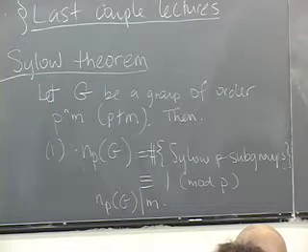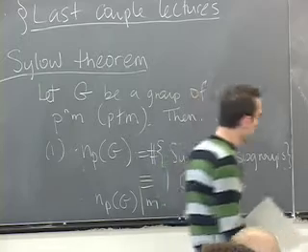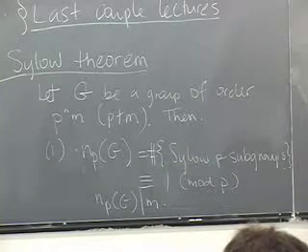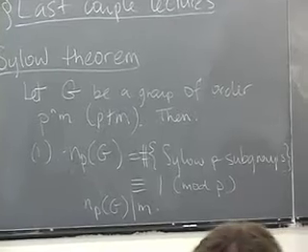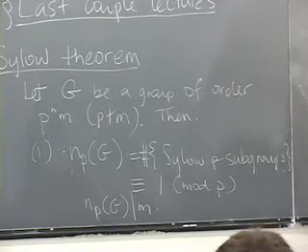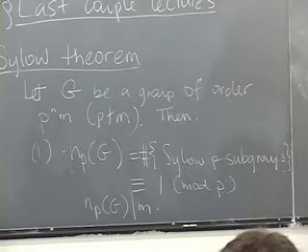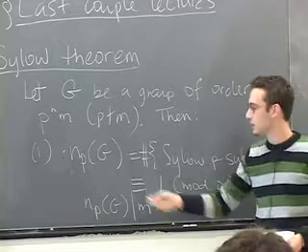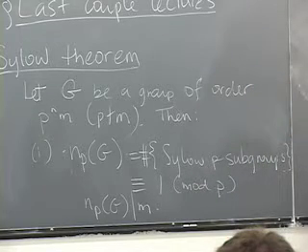These are really useful because in many cases this sort of counting allows us to figure out exactly how many subgroups of order p^n there are. And that can be a source of normal subgroups, for instance, if you can show that n_p(G) must be 1 for some p.